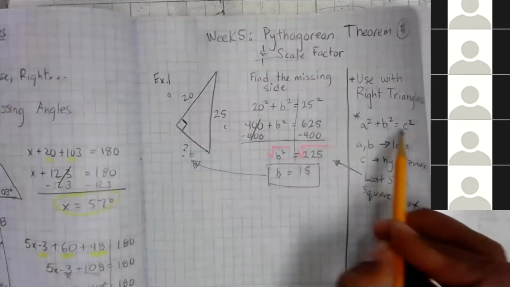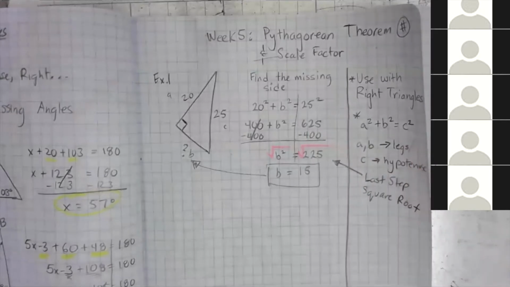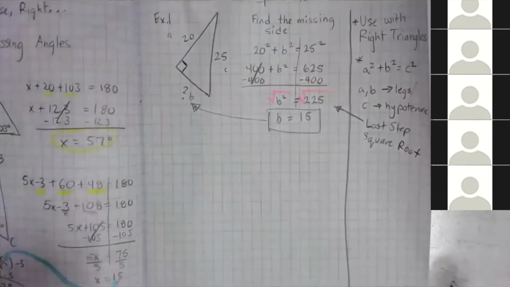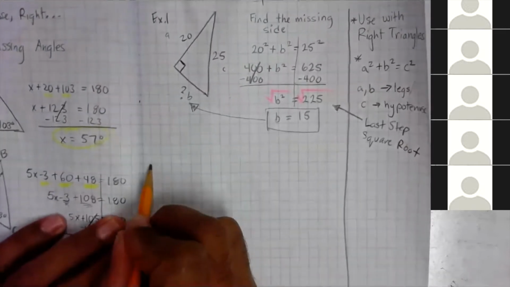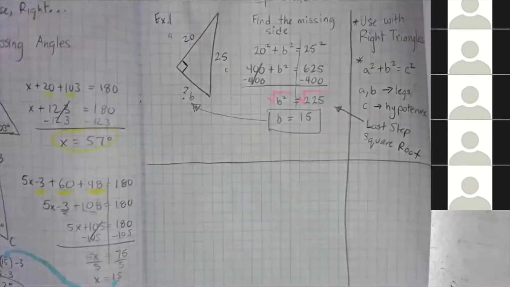Okay, so again, we're using this equation every time, a squared plus b squared equals c squared, to find the missing side. You guys might be familiar with that, might remember that from middle school, but just a little review on that. Okay.